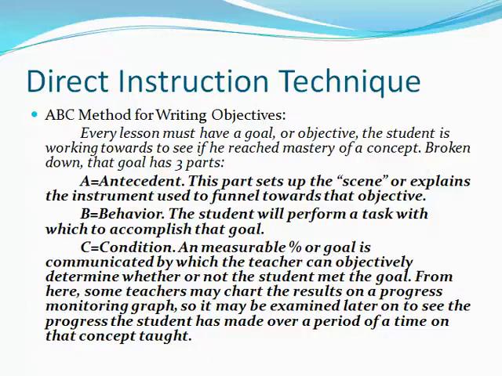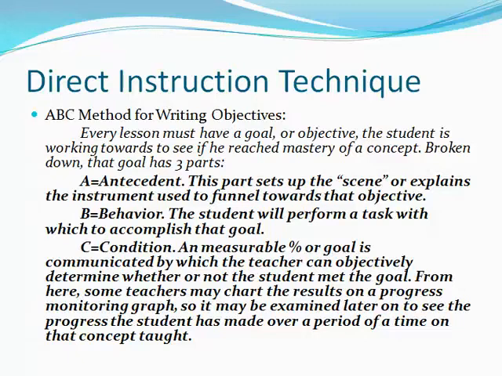The antecedent part sets up the scene or explains the instrument used to funnel towards that objective. The behavior component is telling what the student will do. The student will perform a task with which to accomplish that goal. It's observable, it's measurable. Finally, C is condition.